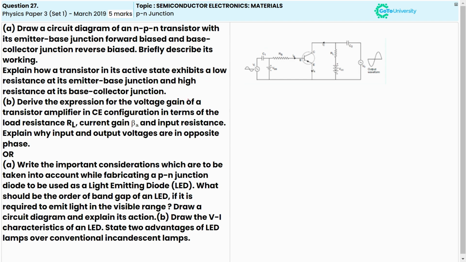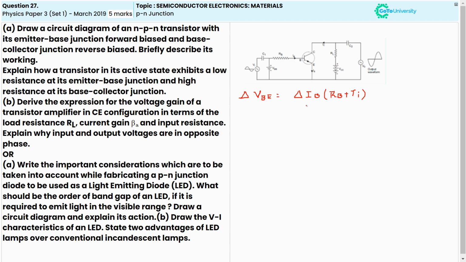Now, we know here that delta VBE is equal to delta IB multiplied by (RB plus RI), where IB is the base current, RI is the internal resistance, and RB is the base resistance.